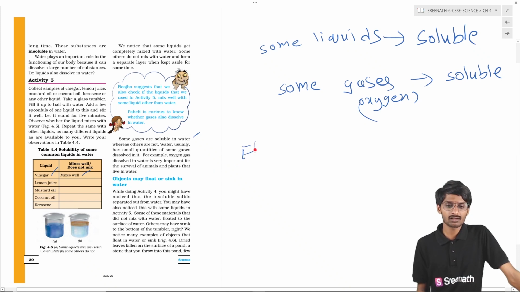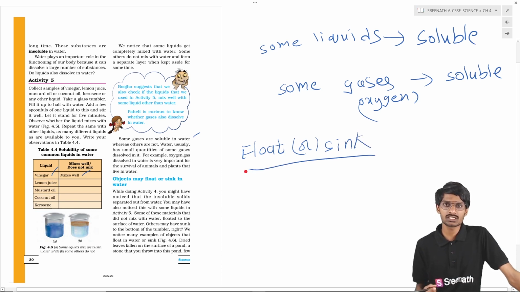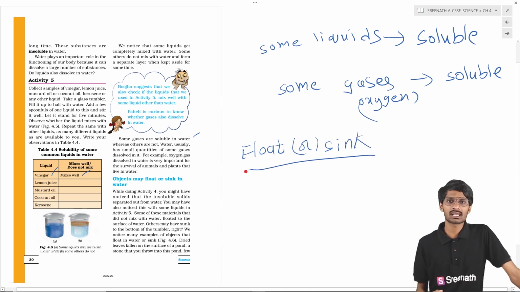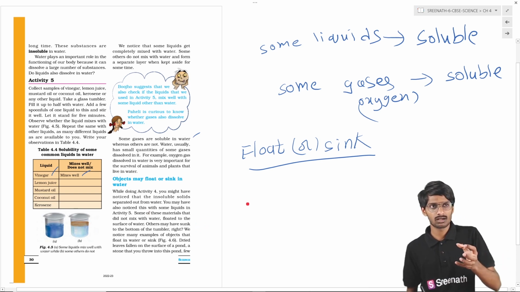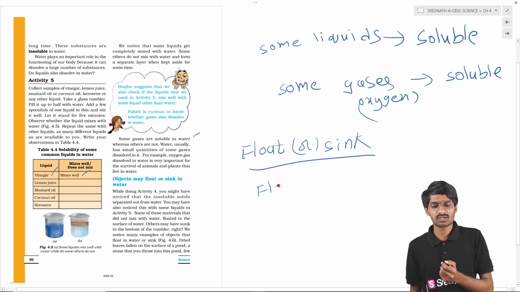Another property is float or sink. Some substances when added to water will float and some will sink. In the previous activity, some liquids did not mix with the water, so they float on the surface of water.